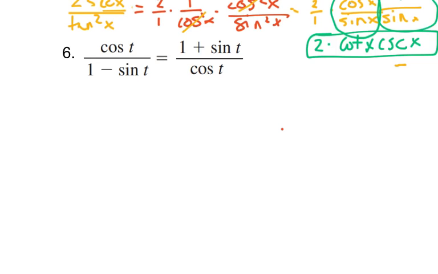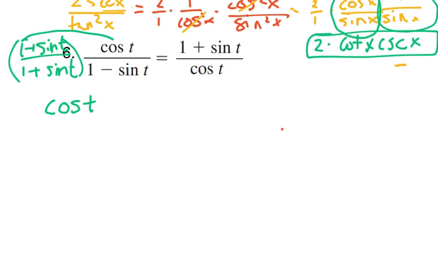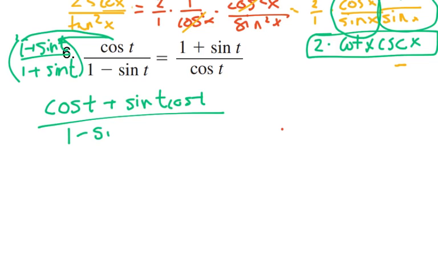And then our second to last one here. Alright, let's see. I see a 1 minus sign, and there's no squareds or anything like that, so I'll probably be multiplying this left side by 1 plus sine t, meaning the conjugate. So if I multiply that out, we get cosine of t from cosine times 1, and then cosine sine, sine t cosine t, over 1 minus sine squared t.